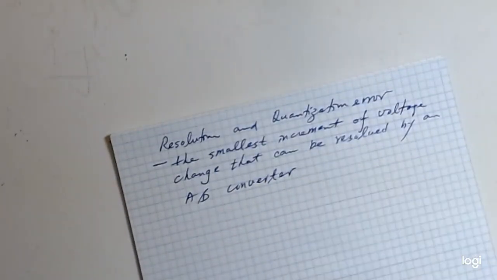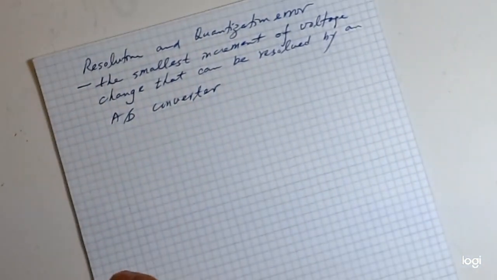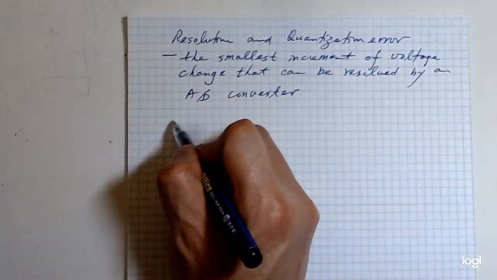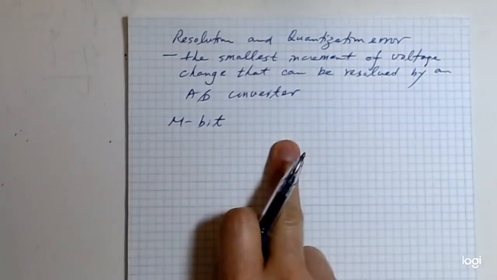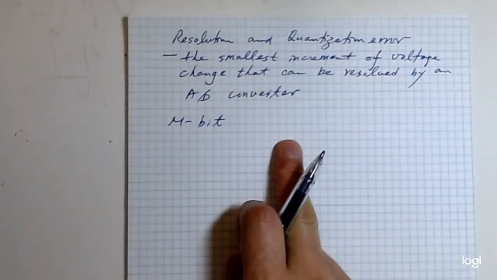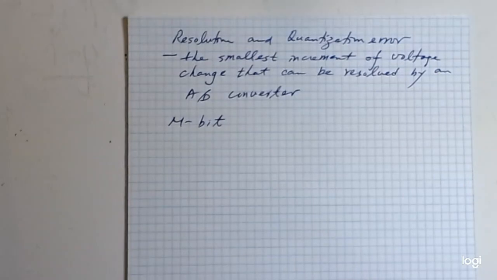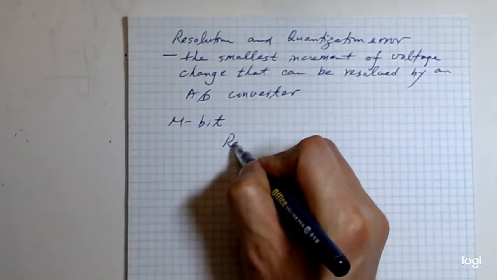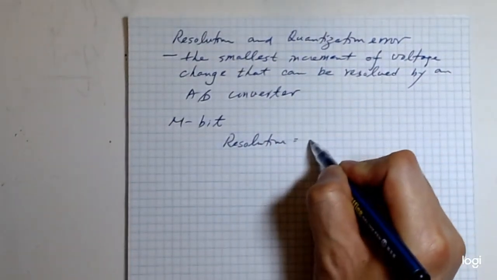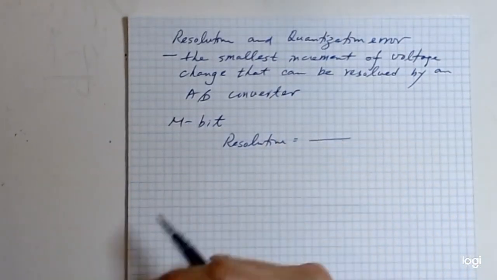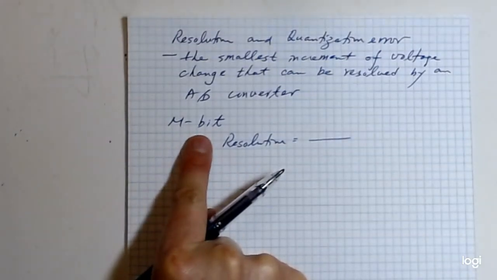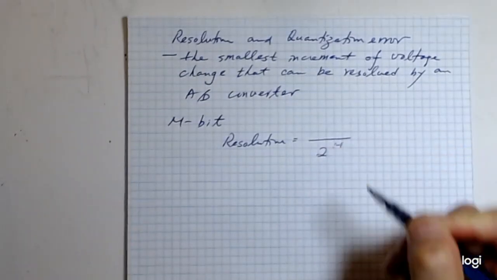Same as we have before. So if I have an n-bit converter, the resolution of this converter would be based on n bits. The number of values we can represent with an n-bit converter is 2 raised to the n power.